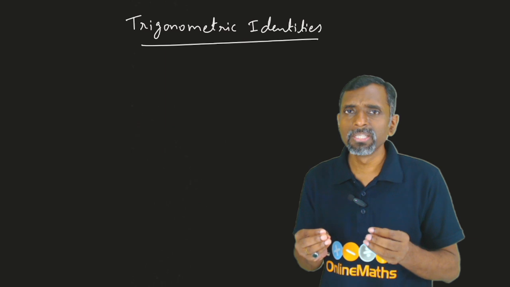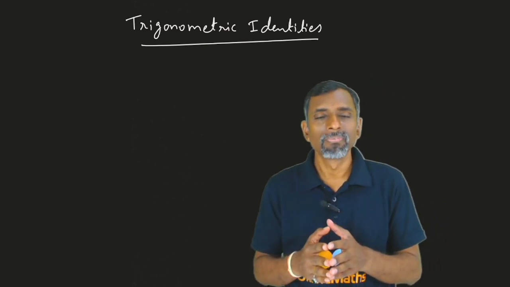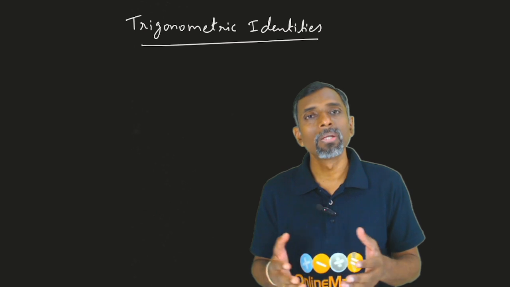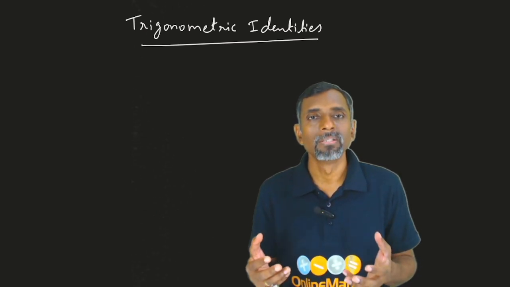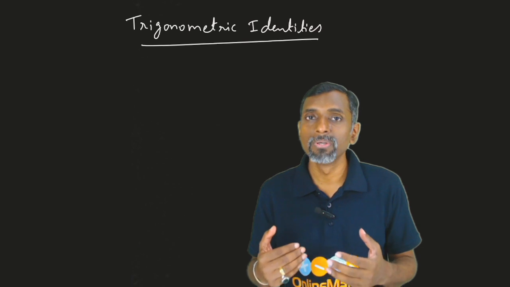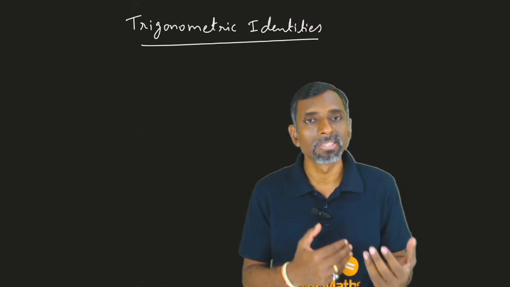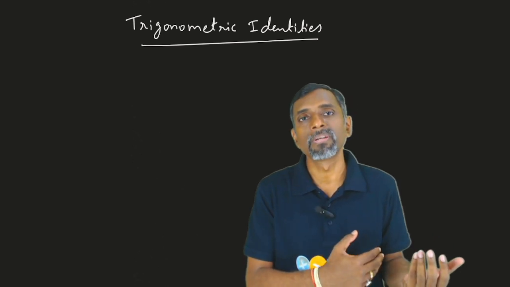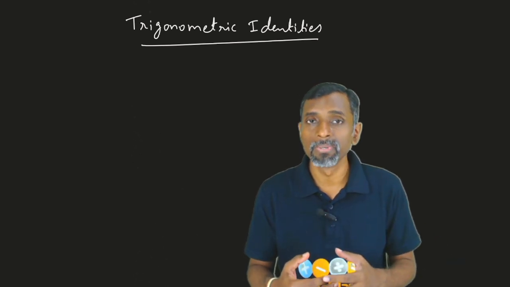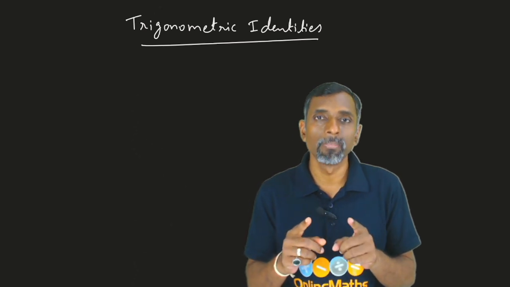Now, the first thing you must know is the basic tools. For example, if we are doing questions on circles or triangles, we must know the theorems, the ideas, the concepts, the definitions, the terms which we use for triangles and circles. Similarly, in trigonometry, there are 6 trigonometric ratios.